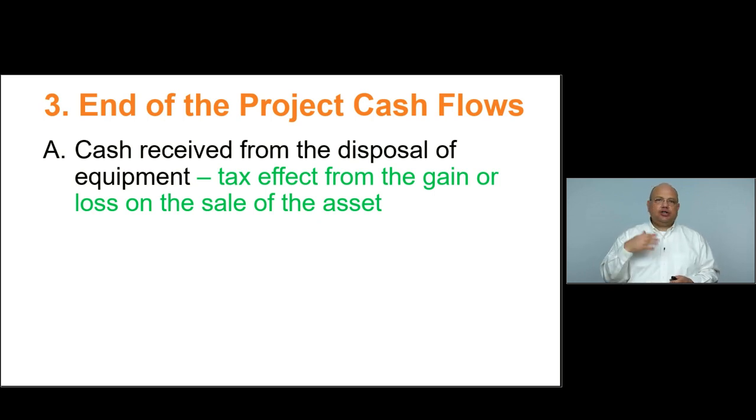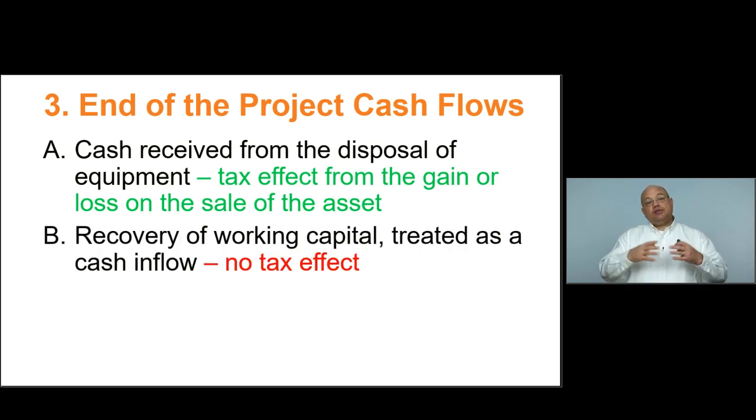The second potential end of the project cash flow is the recovery of the working capital, the release of the working capital. When the project is over, inventory goes down, accounts receivable goes down, payables goes down. As that working capital comes down, as it recovers, as it's released, as the term is sometimes used, we consider that decrease in working capital to be a cash inflow because we stop investing cash in inventory.